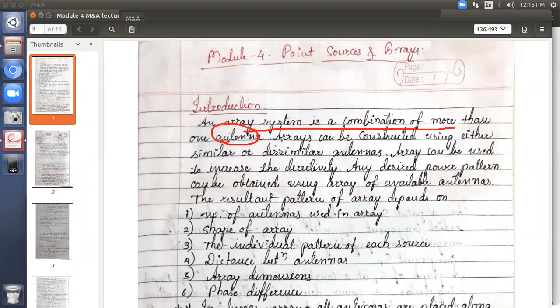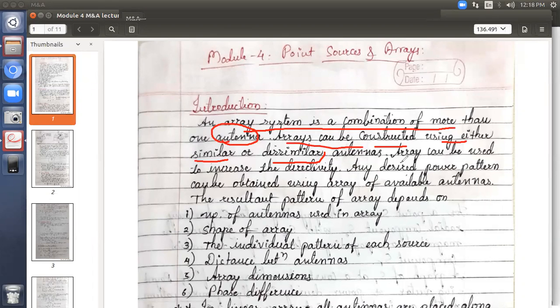And how can we construct an array? An array can be constructed using either the same kind of antennas or different antennas. There are two possibilities. Either you use in the array all antennas of the same type, which behave in the same fashion, or you can take different antennas whose characteristics are different.